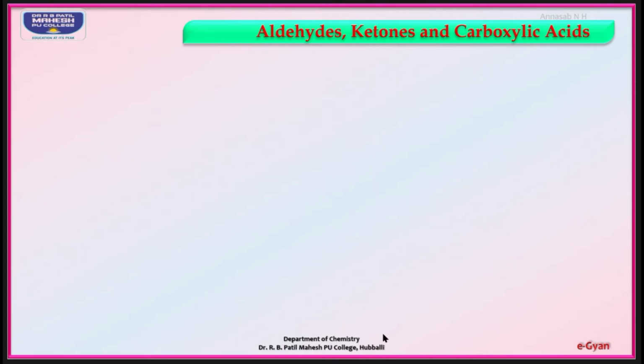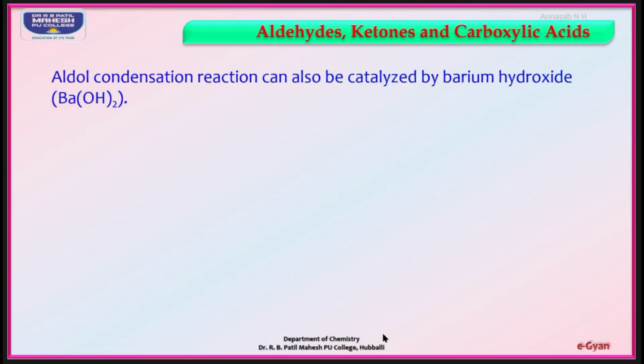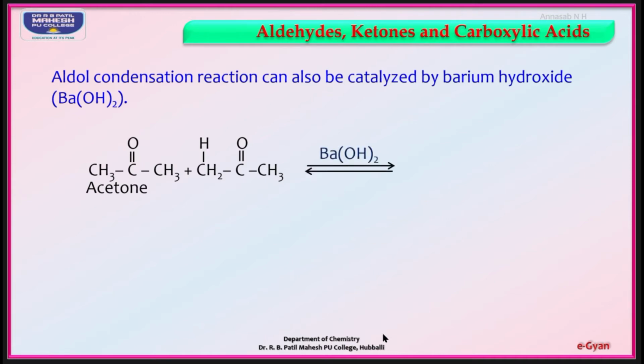Moving further, this aldol condensation can also be catalyzed by other bases like barium hydroxide, Ba(OH)2. So we take 2 moles of acetone which is treated with barium hydroxide. The same process takes place in ketones also.